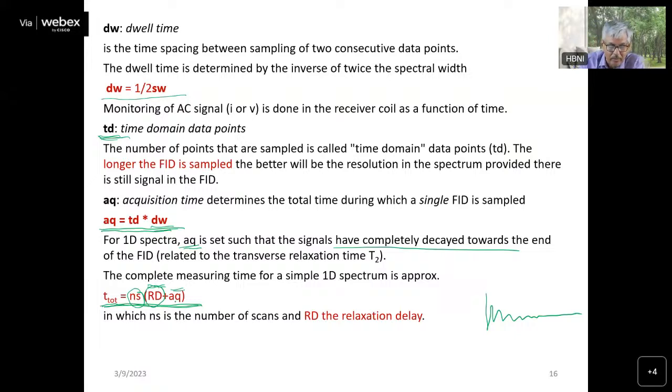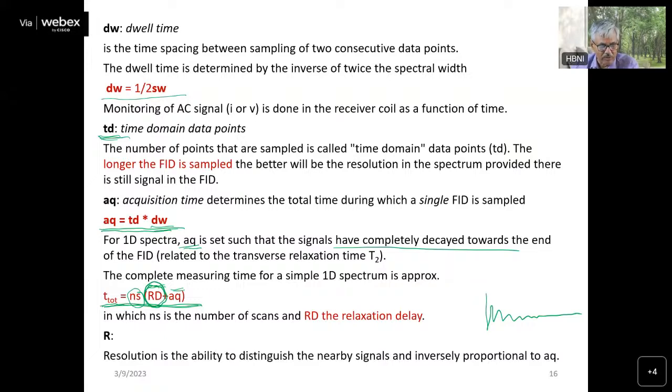So between two pulses you have to give a gap. That is called the relaxation delay. During that relaxation delay, all your nuclei in the XY plane go back to the Z direction, or align along the magnetic field, before you give the second pulse.